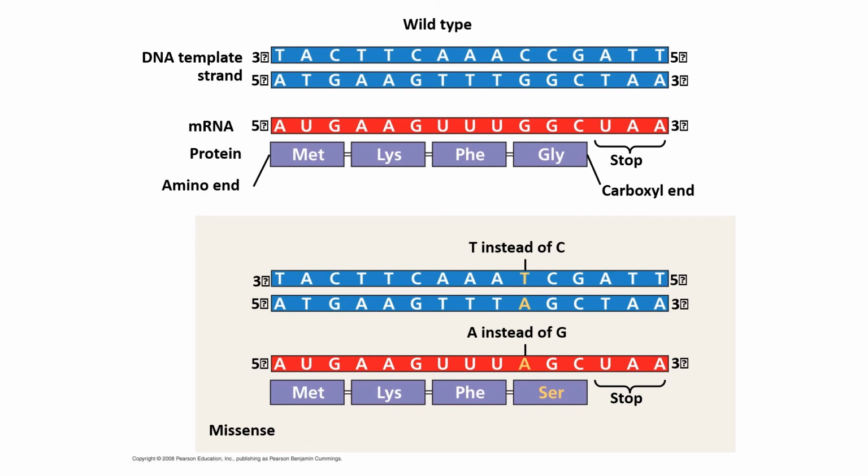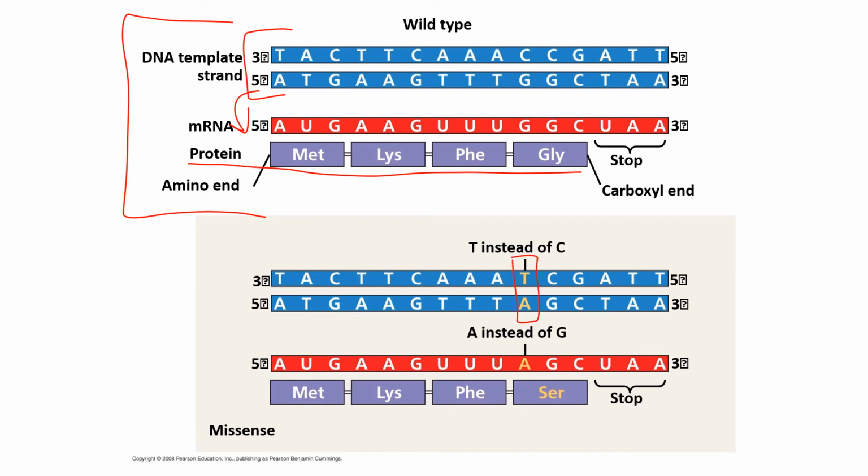This slide shows another point mutation that has a different result. Again, this is the same wild type example: the same sequence of DNA, the same sequence of RNA, and the same protein that's produced. Now in this case, you have a different point mutation. This is the base pair that has been altered.